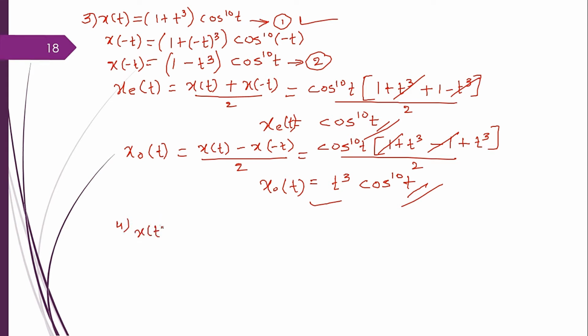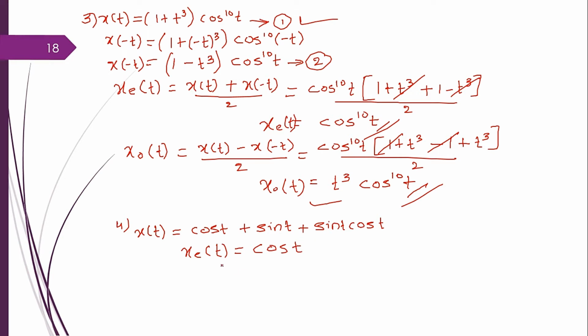x of t is equal to cos t plus sin t plus sin t cos t. So xe of t is what here? You can directly say that whenever there is a cos component, that should be an even component.